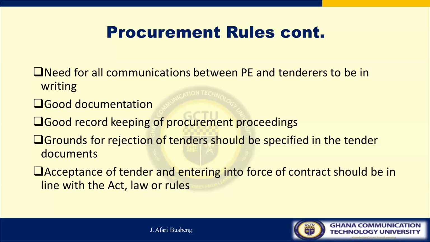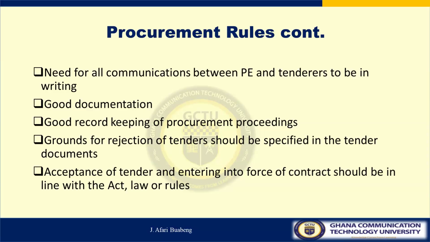And all tenderers are aware that their bids could be rejected based on A, B, and C. So you don't start the process and then you introduce certain rules. It is clearly stated in the tender document, and participants are aware about the rules. They know everything before they show interest in the process.